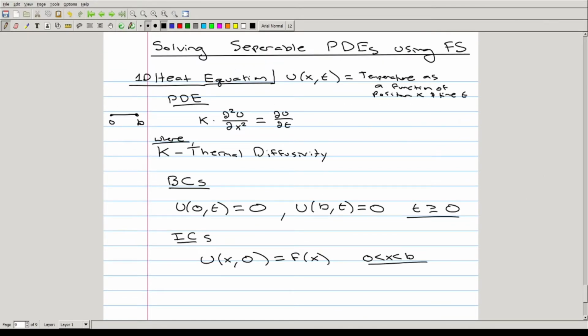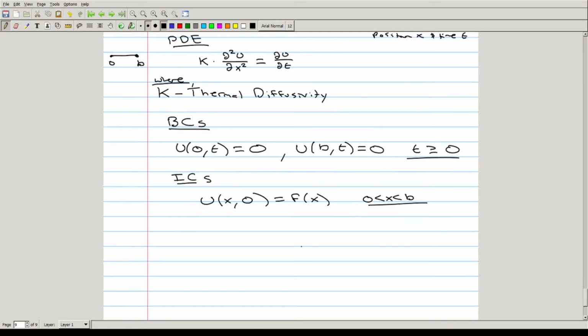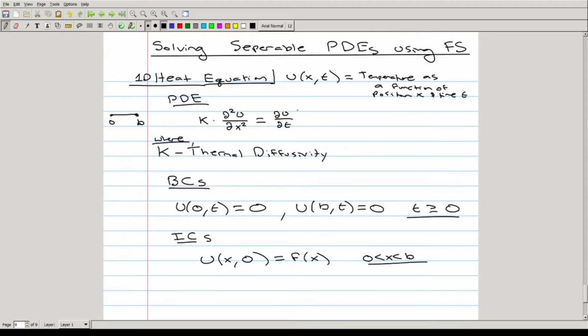So I'll go through and show how to solve this PDE using the method of separation of variables, which relies heavily on the boundary conditions of this problem, and on the idea of Fourier series analysis.